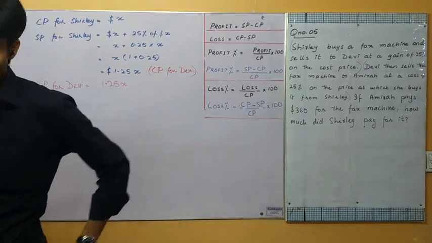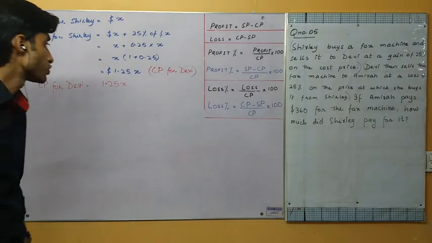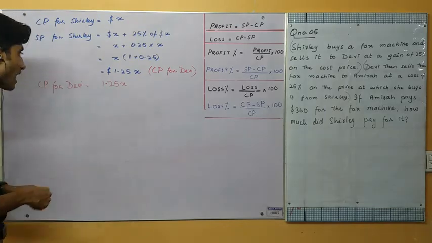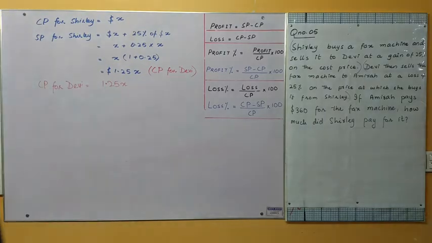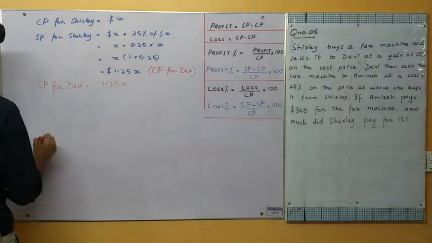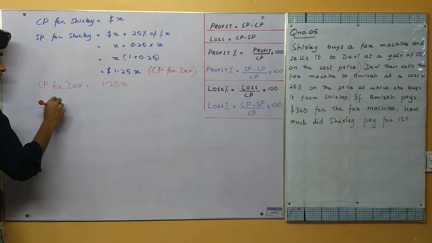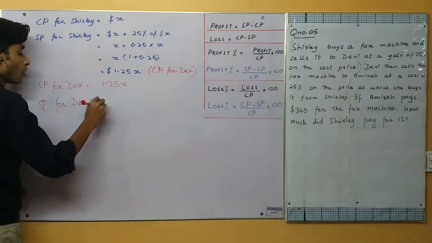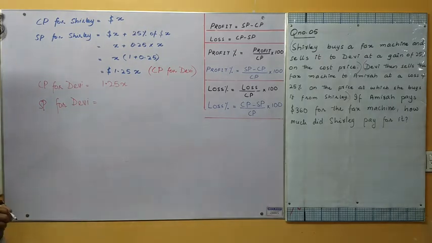So whatever she bought it for from Shirley, she is going to suffer a loss of 25% on that. Devi bought it for 1.25 times x, and now she suffers a loss of 25% of the cost that she had paid.